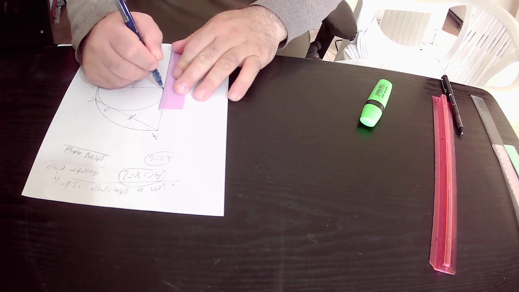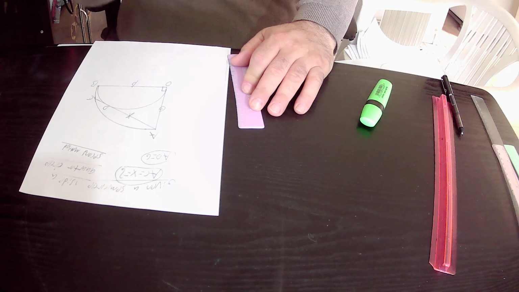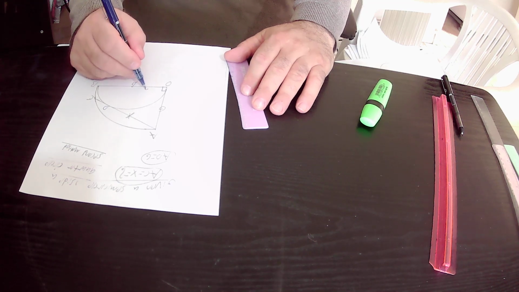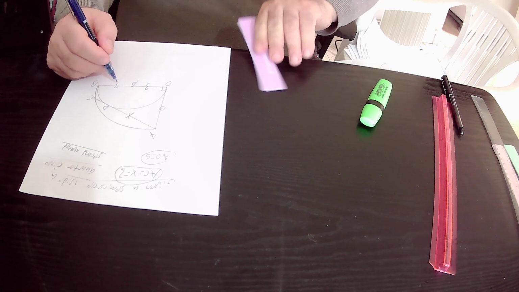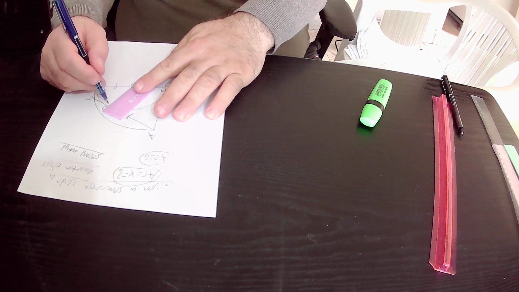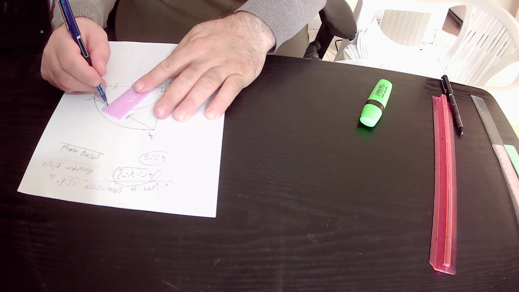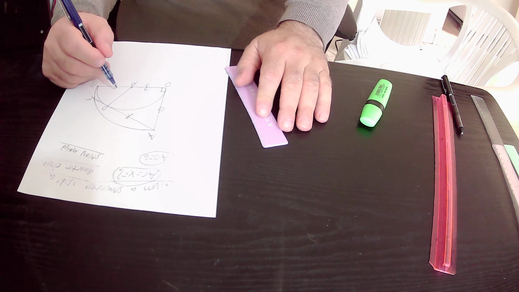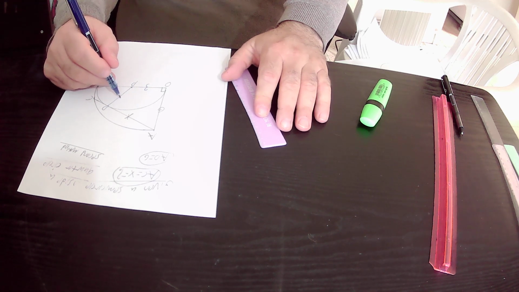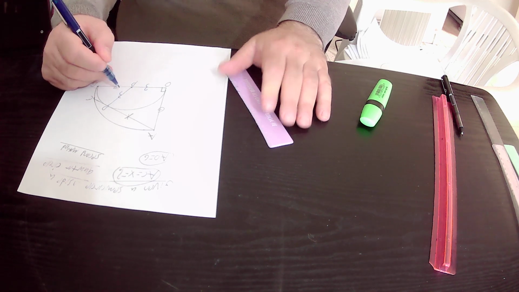Point O is the center of the quarter circle. OP is 3 units, PB is also 3 units, and PD is also equal to 3 units. All the line segments here are the radii of the semicircle that is equal to 3 units.